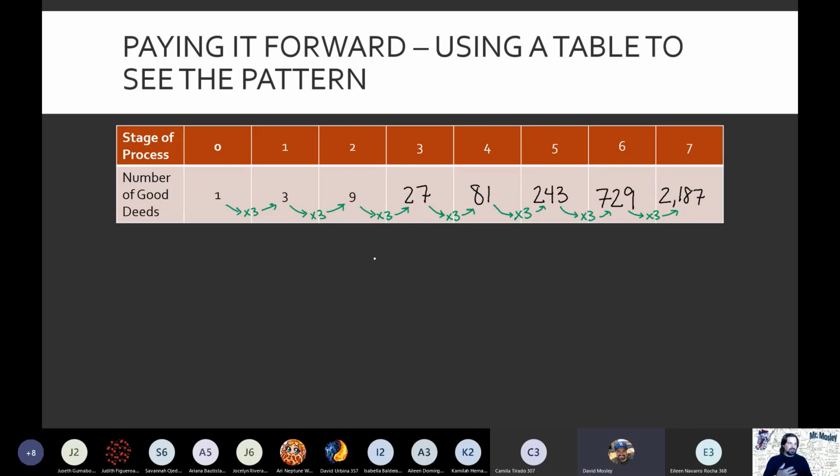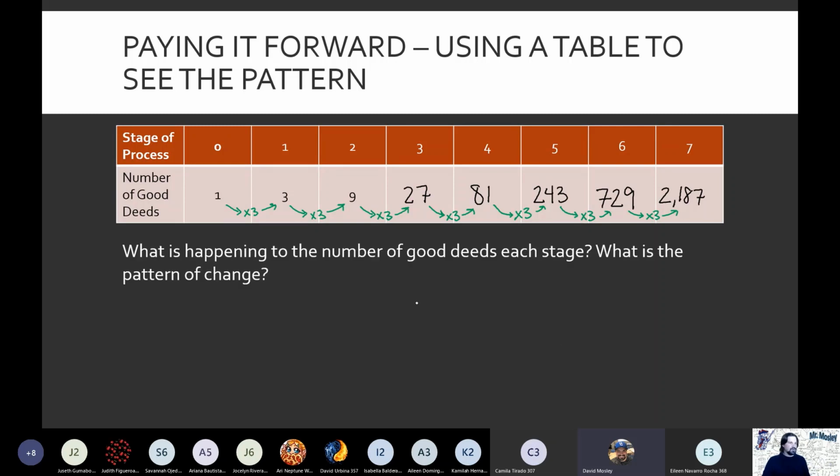In this case, if we're just looking at what's being added, that number changes each time, and we can't use that anymore as a rate of change. So we have to look to multiplication here. All right, so we get a rate of change here of times 3, which is what we answered already. So our pattern of change is multiplying by 3, as Ariana stated.